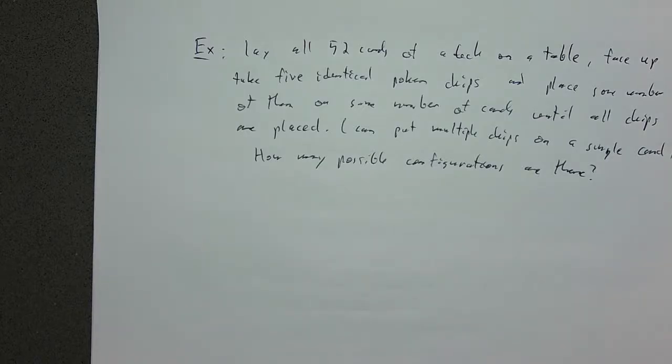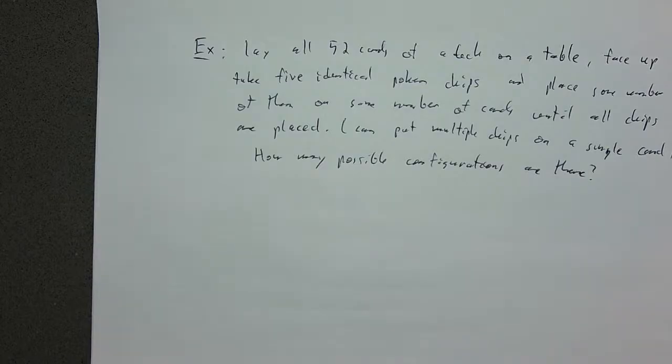So I want you to think about this for a second. You've got all 52 cards of a standard deck. You've laid them face up on a table. You have 5 identical poker chips. You are allowed to place those chips on any of the cards, no matter if they already have chips on them or not, right? So if they start out with no chips on them, you have 5 chips. You place those 5 chips one at a time by selecting a card. You're allowed to repeat cards.